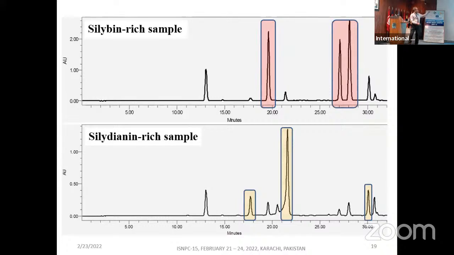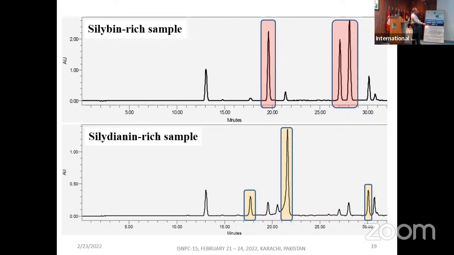As you can see, we can now have 2 main populations. A population rich in silybin A and silybin B, along with silychristin. Another population rich in silydianin, which is this peak, and the other components are very low. Silychristin is low compared to the upper one.